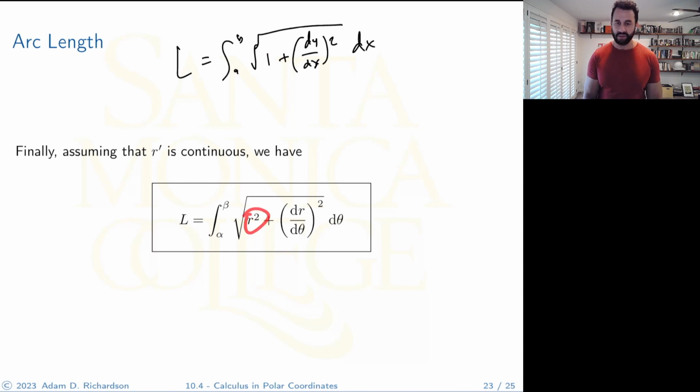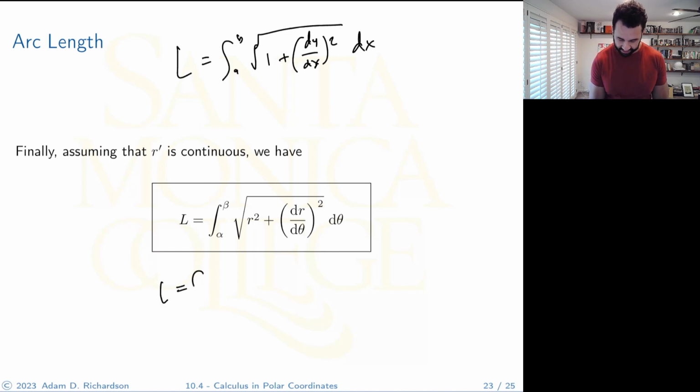This r squared is coming from the radial nature of our function. That's why here this was just 1, because dx over dx is 1. Here we're getting r squared because there's a scalar involved that's related to the radius of this curve.